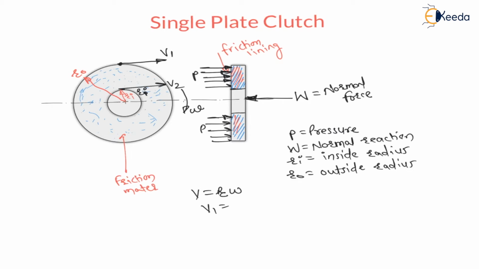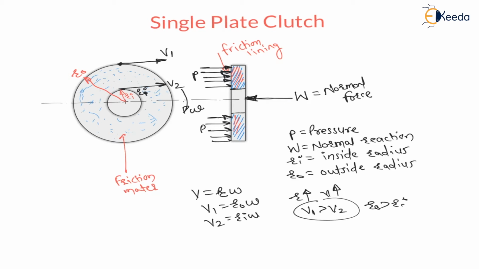Therefore v1 is equal to outside radius into omega, and v2 is equal to inside radius into omega. Therefore as radius increases, velocity goes on increasing. v1 is on the outermost circumference, and v2 is for the innermost circumference. Therefore v1 is more than v2, as outside radius is more than inside radius, right?